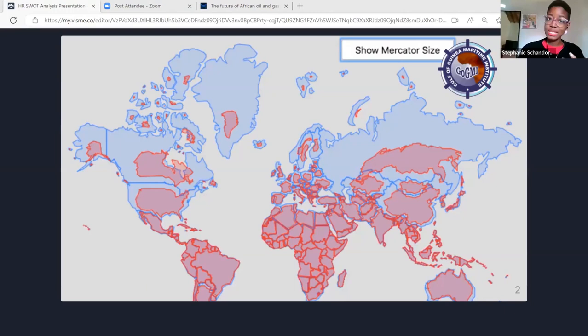So in reality, the red portions on this map reveal the true sizes. So take a close look at it and just observe some of the size discrepancies with the Mercator projection, which is the one that we are used to.